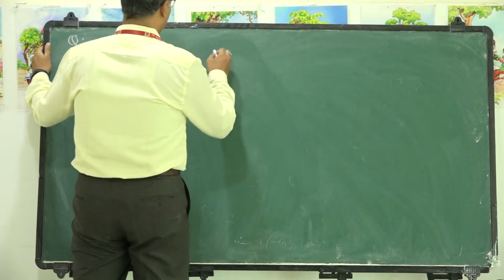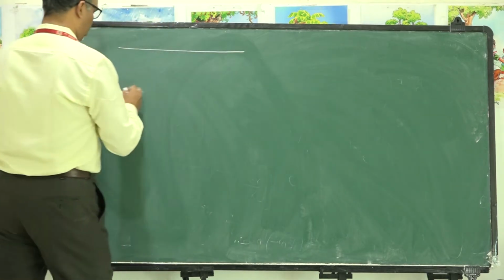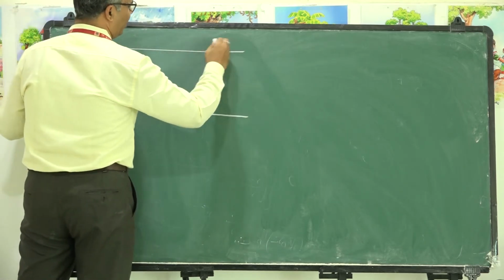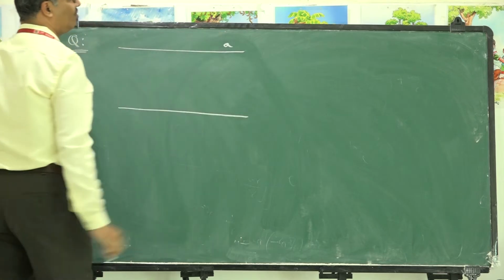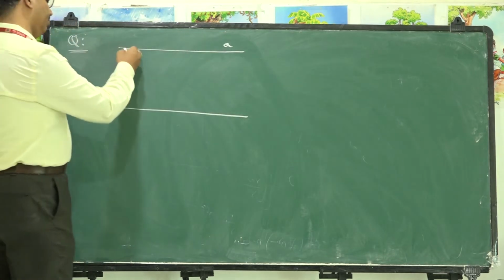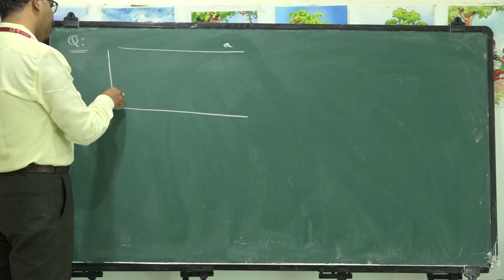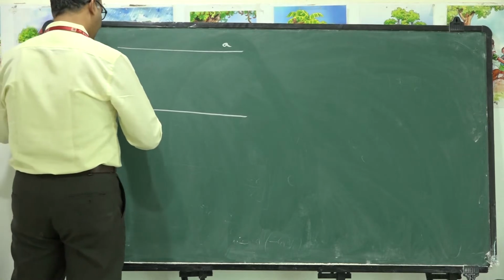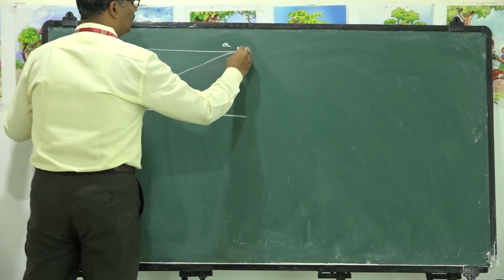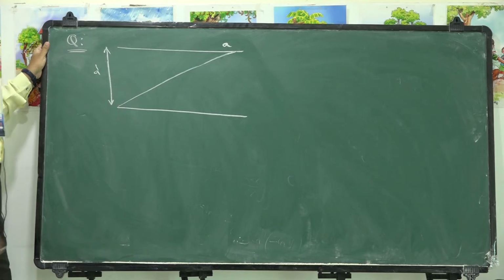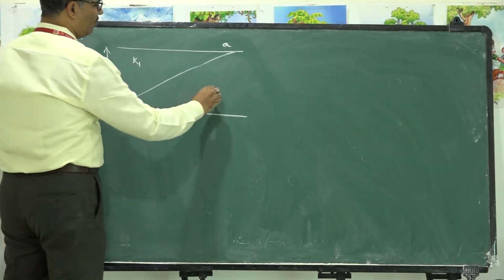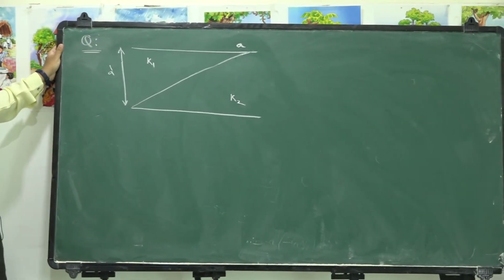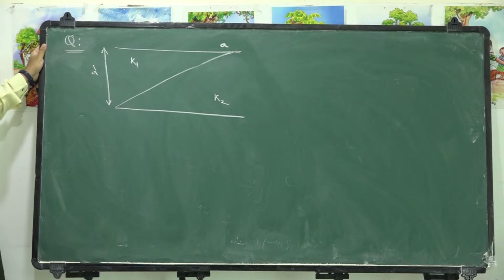So here is a capacitor, with square plates each of side length A, separated by a distance d, and the space between the two plates is filled with two dielectrics. This part has dielectric constant K1, this part has dielectric constant K2. Now I would like to find the capacitance of this capacitor.